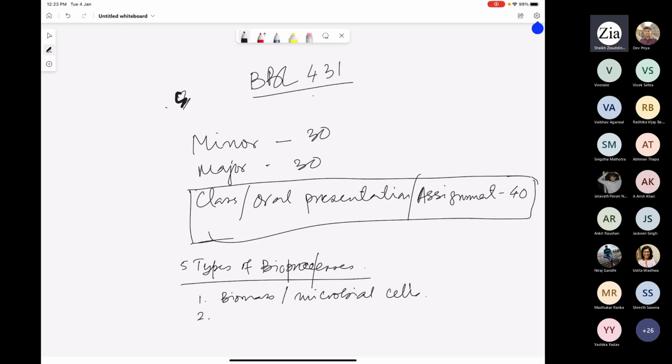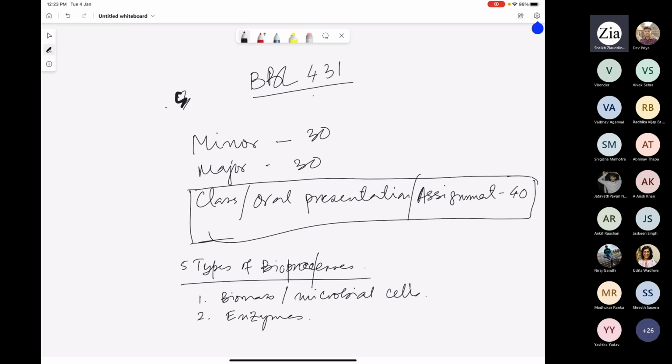Second option is to produce enzymes. That could be intracellular or extracellular. These are all microbial products, so I'm not going to write microbial everywhere, but when we are talking about enzymes, it is actually microbial enzymes.